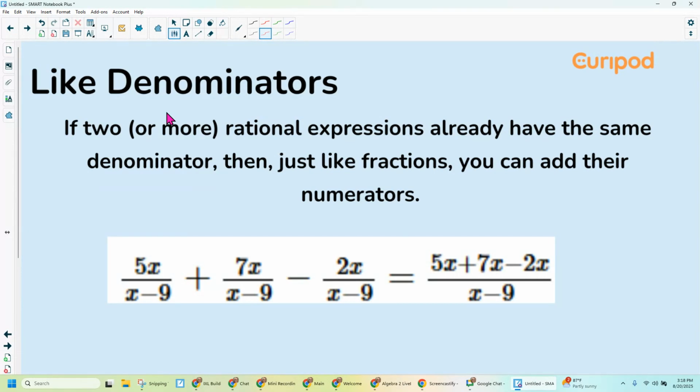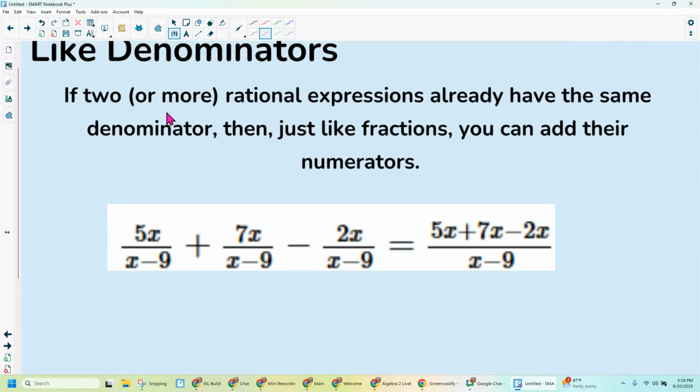In the numerator, I can carry my 5x over, my plus 7x, and then I have minus 2x. So as long as you have a common denominator, you can do the addition and subtraction in the numerator.